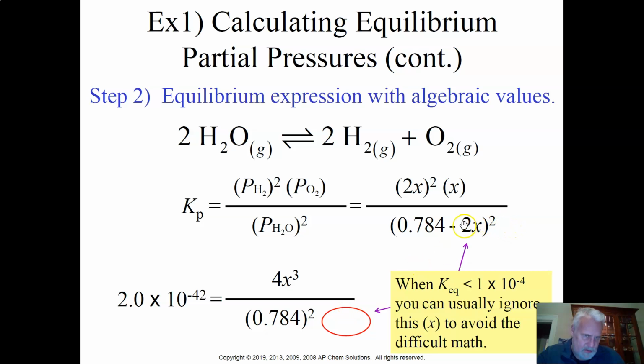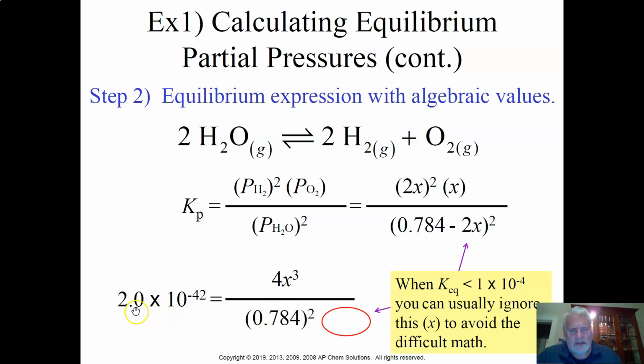And then, of course, you're still going to square the 0.784. So, this is really important that you communicate correctly with your calculator and you solve this for x. I think most of you, that should be kind of a piece of cake.